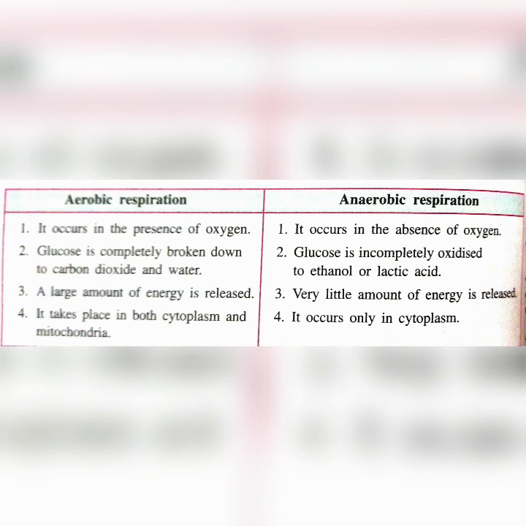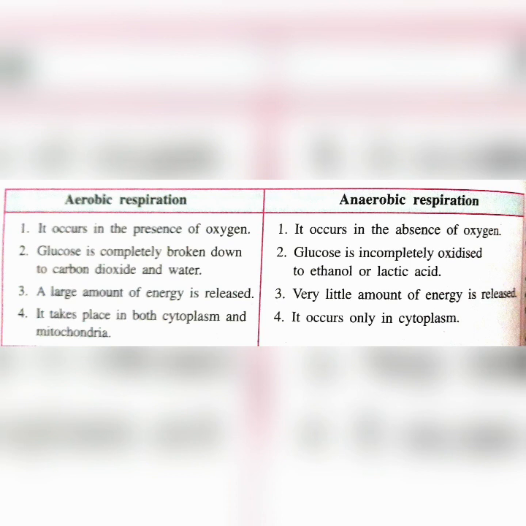So basically, when we are comparing aerobic respiration with anaerobic respiration, we can see aerobic respiration takes place in the presence of oxygen, whereas anaerobic respiration takes place in absence of oxygen. Here glucose is completely broken down to carbon dioxide and water, and in anaerobic respiration glucose is incompletely oxidized into ethanol or lactic acid.